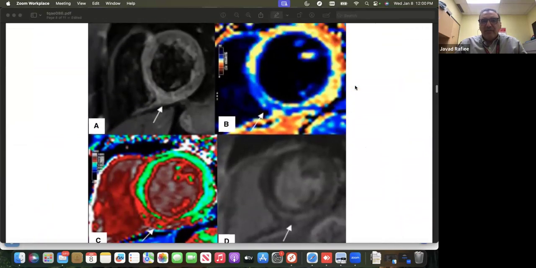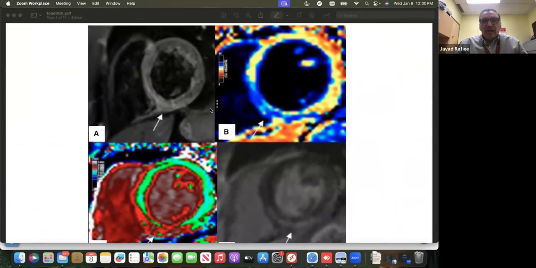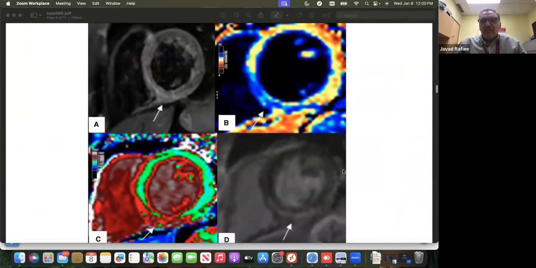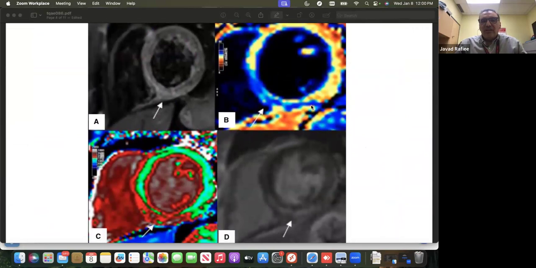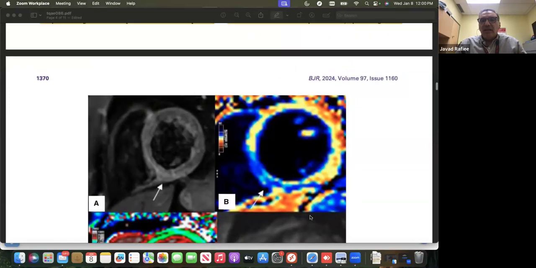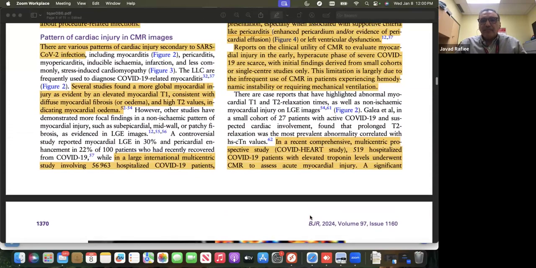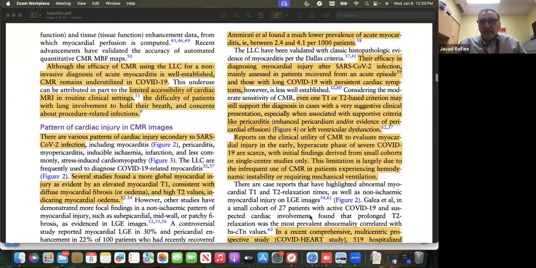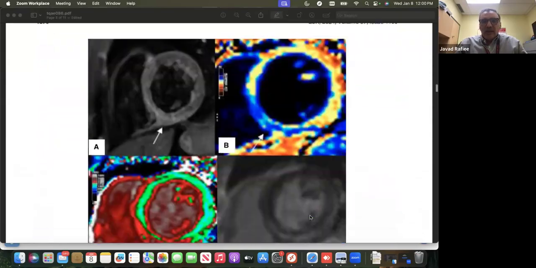Here we were lucky, the patient had the full Lake Louise criteria for myocarditis: increased T2 maps, edema in the infraseptal part, and the subepicardial enhancement.